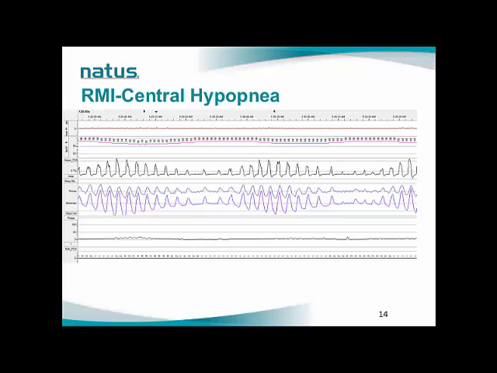Looking at the phase, we can see that there is no change in the phase signal. Therefore, no RMI events were detected. RMI helps in subclassifying hypopneas, which in turn would impact the diagnosis and the treatment.